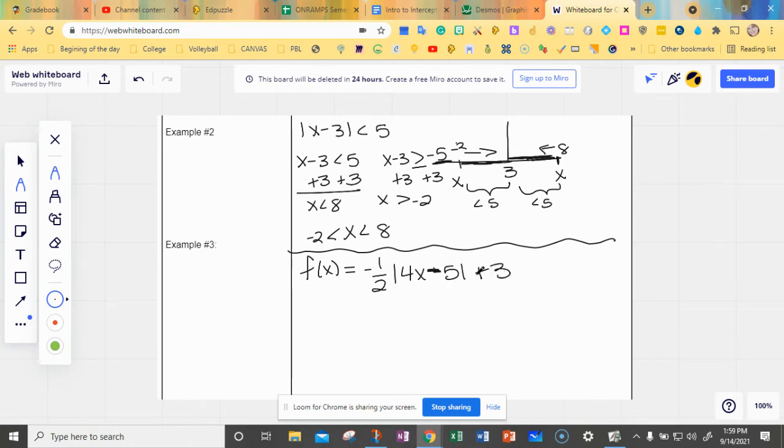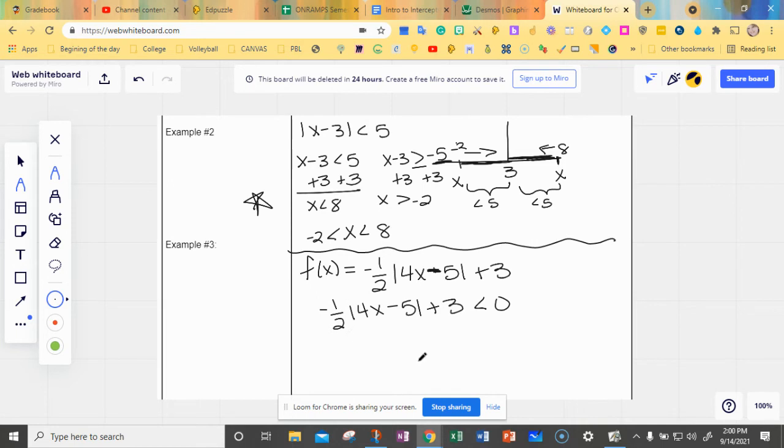And the question becomes, what are the values of x, of the domain, where it's negative? So if we know that I want this function to be negative, and we show something being negative by saying that it is less than 0. So now I'm going to solve this a lot like I did example 2. It's just a little bit more complicated.